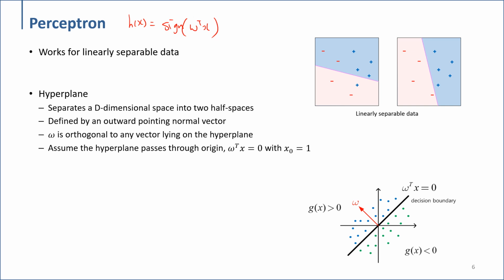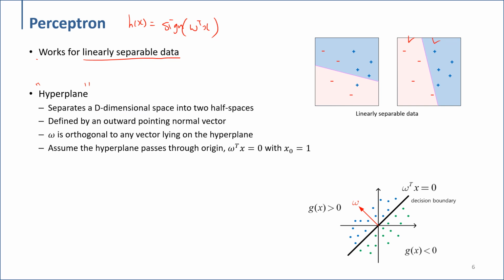So perceptron works for linearly separable data, which means by determining the decision boundary, we can linearly separate the data into two classes. Here we will call it a hyperplane. A hyperplane will separate a d-dimensional space into two half spaces.